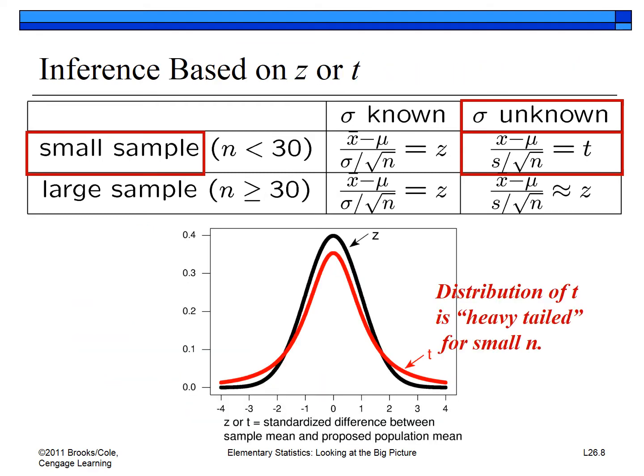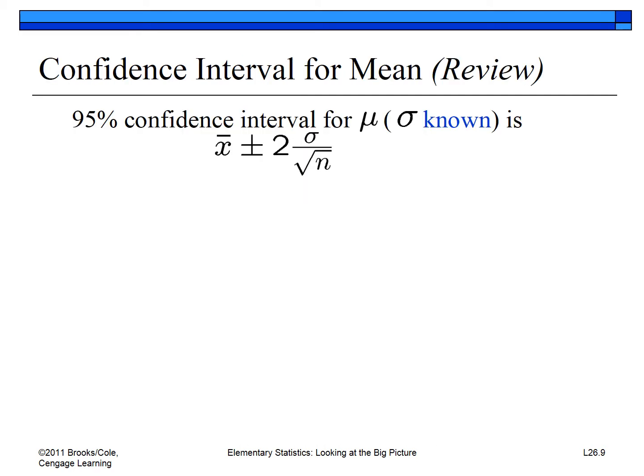Here's a look at the difference between z and t. Notice that t has thicker tails than z does. In the last video, we talked about constructing 95% confidence intervals for the population mean when we knew sigma.